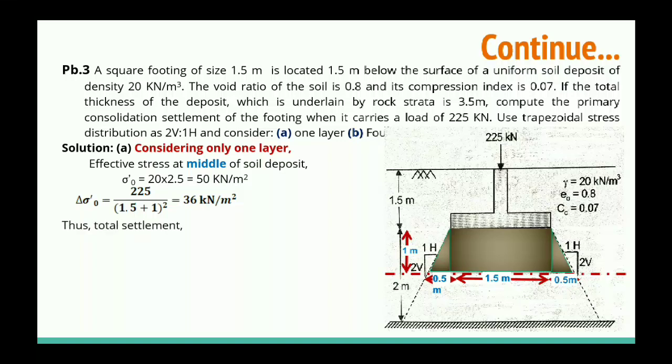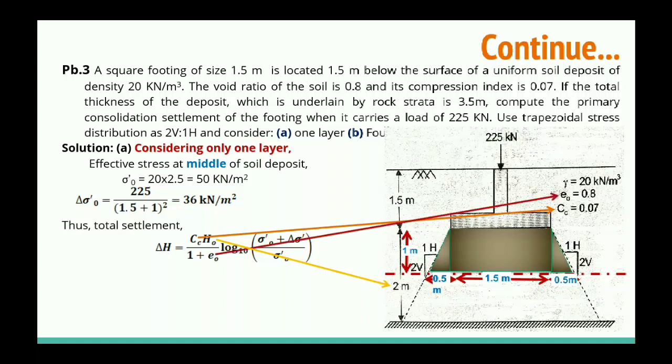So then we can calculate the total settlement of the soil deposits. So we can go for the formula. We have all these values. We have the CC value 0.07. We have H0, the initial height of soil deposit, and here the thickness below the bottom of the footing is 2 meter. We have the initial void ratio, E0, 0.8.